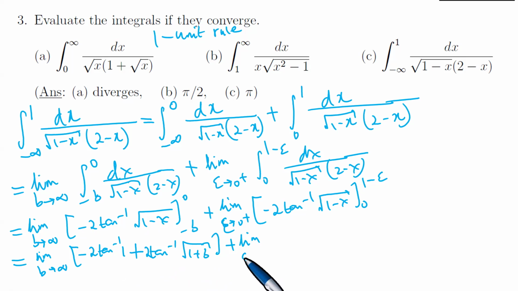The limit, epsilon approaches 0 from the right, arctan. You put, in the place of x, 1 minus epsilon here. 1 minus 1 minus epsilon is going to give us only epsilon. 0, plus 2 arctan of 1.